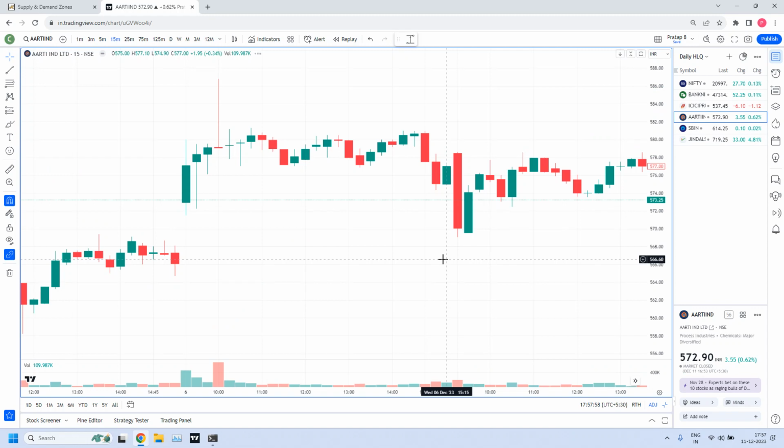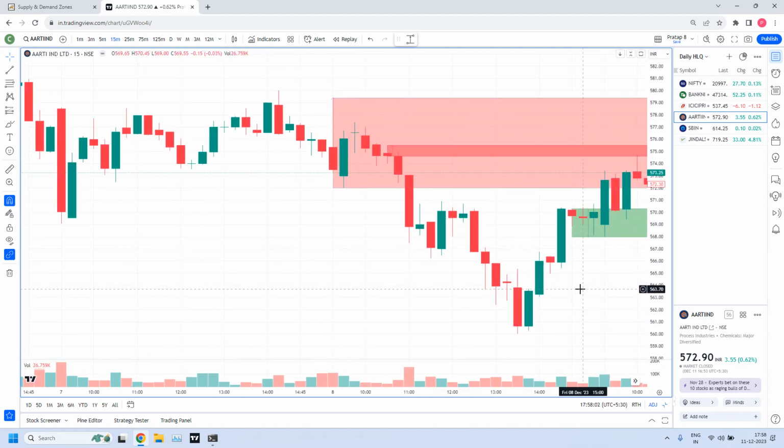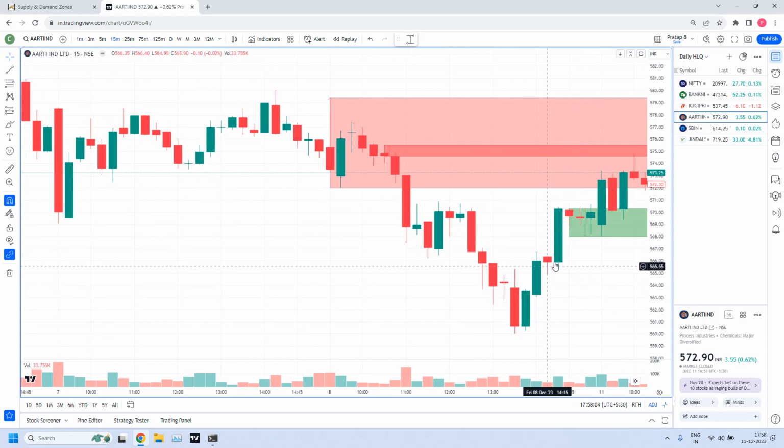So let me go to the 15 minutes. So we have a drop, 3 base candles. Sorry, we have a rally, 3 base candles, again a rally: rally base rally. This is the demand zone. This demand zone is our immediately available 15 minutes demand zone for our entry. So this is going to be our target.